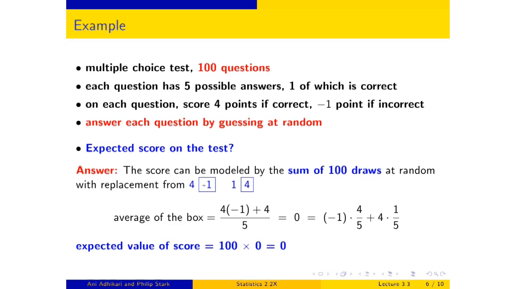So your possible values are from minus 100 to 400. 0 is not in the center because this box is not symmetric. We'll have a lot more to say about that once we start looking at measures of spread and shapes of distributions. For now, the distribution will balance at 0.